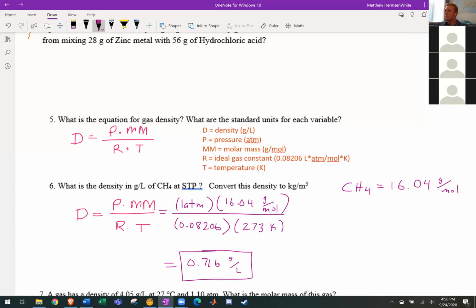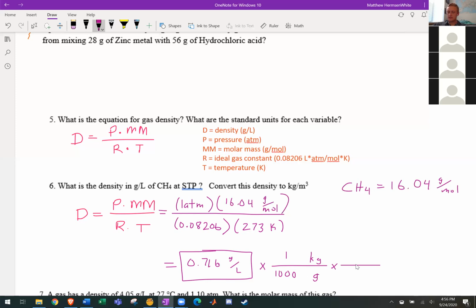Now the problem also mentions you can convert this to kilograms per cubic meter. This is another common unit that's used. So if we were going to convert grams per liter, we would do this conversion. Put grams on the bottom so it cancels, and go to kilograms, so 1,000 grams is 1 kilogram.